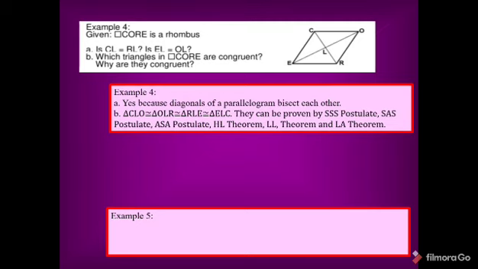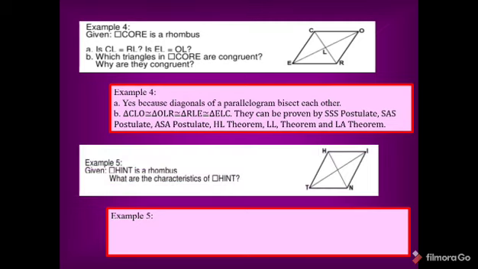Let's now proceed to example number 5. Given quadrilateral HENT is a rhombus. What are the characteristics of the quadrilateral HENT?